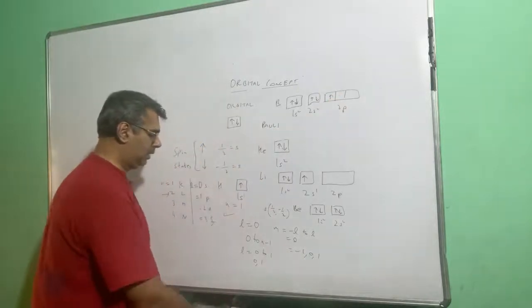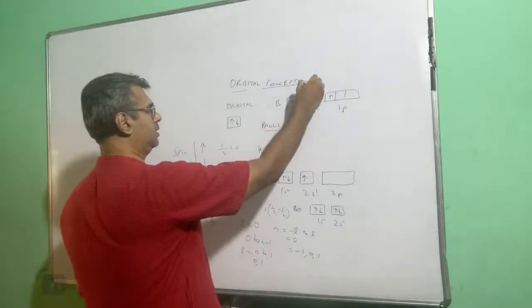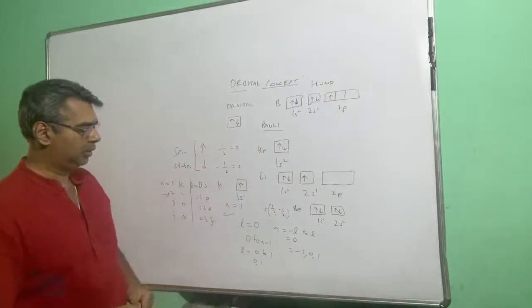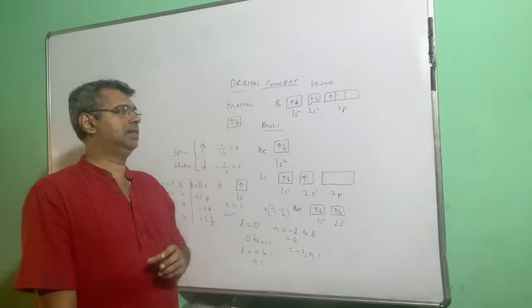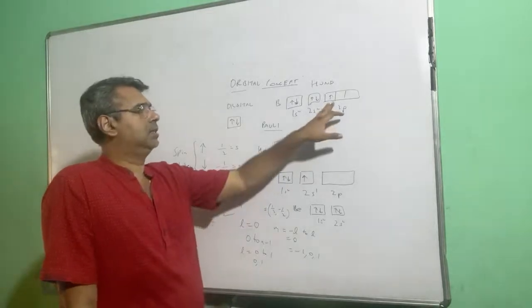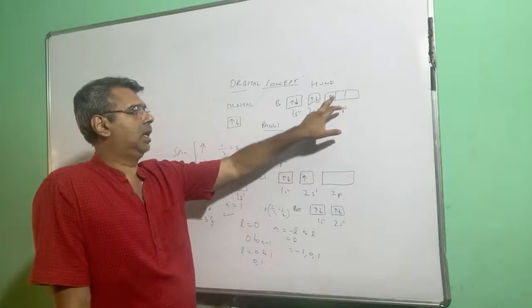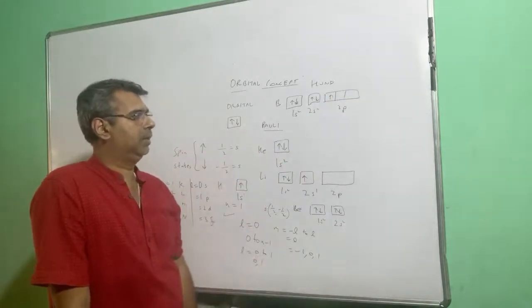For that there was a scientist, so just like Pauli, there was a scientist called Hund. Hund said that you cannot pair electrons unless every orbital is singly filled. There is a single electron here, there is nothing here, there is nothing here. So unless all of them are singly filled, you cannot start pairing.